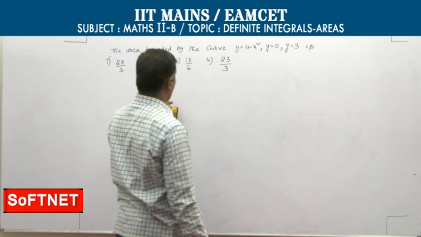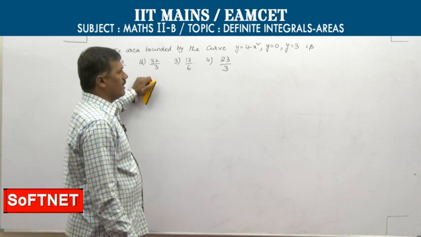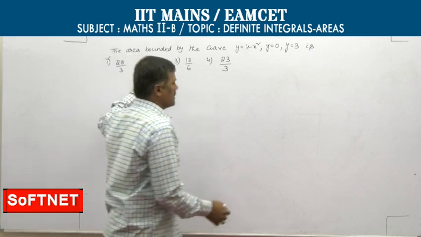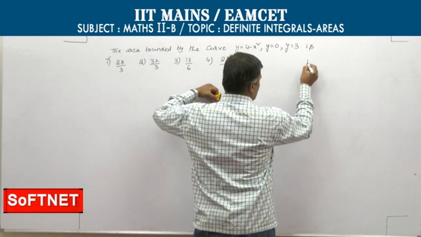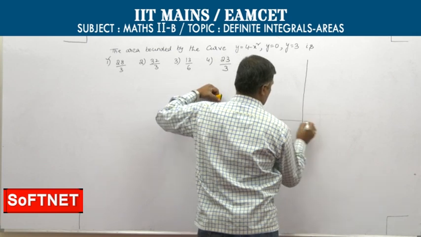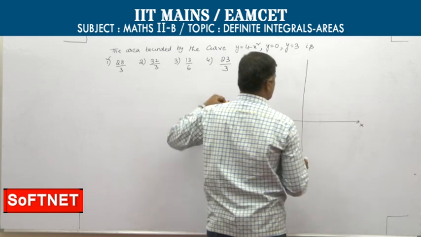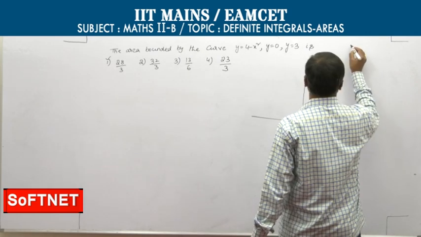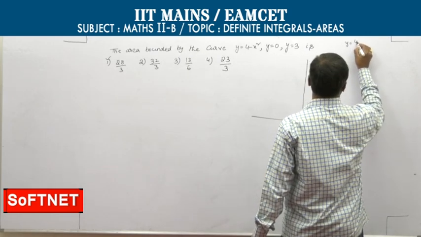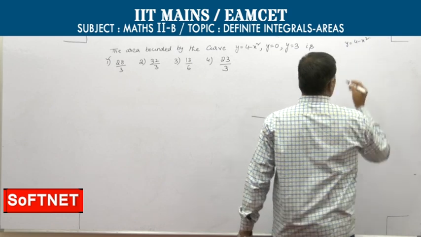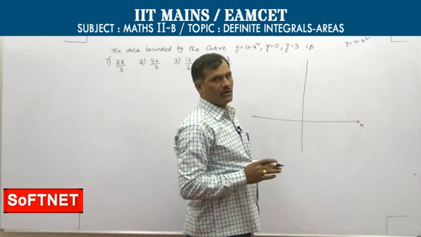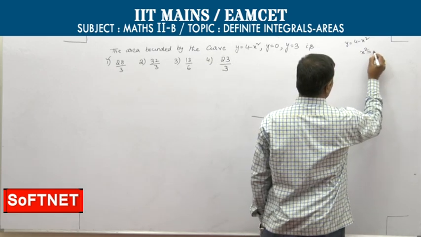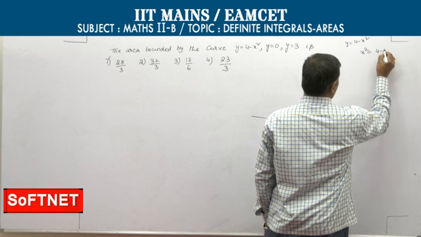First, area bounded by the curve y equal to 4 minus x square, ordinates y equal to 0, y equal to 3. First, draw the figure. A rough calculation here: y is equal to 4 minus x square. Even powers of x are symmetrical about the y-axis. So we can write x square is equal to 4 minus y.